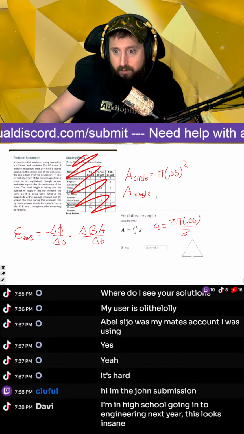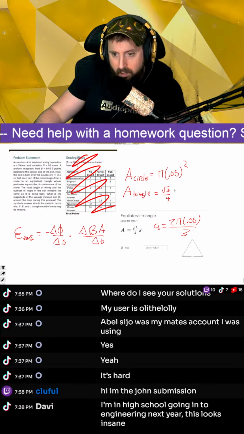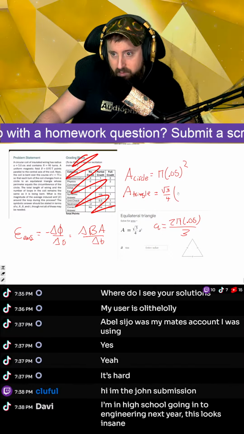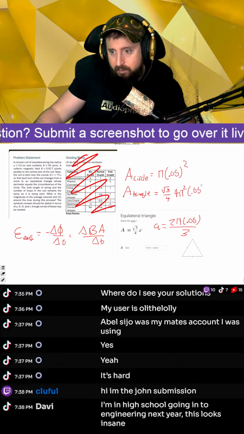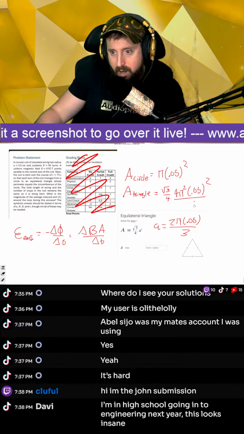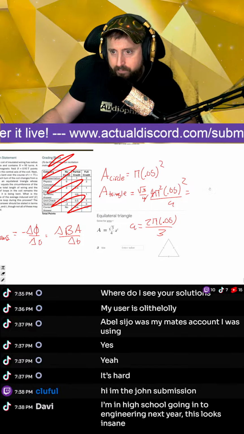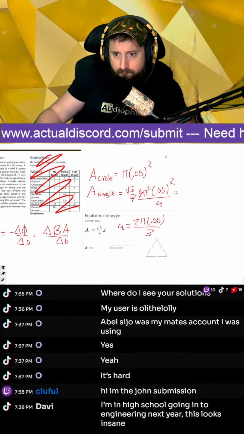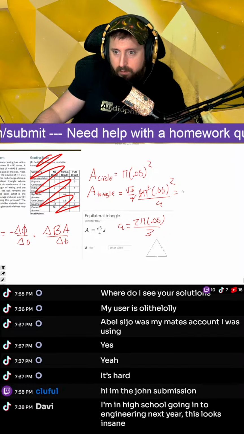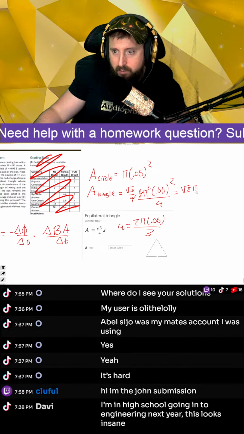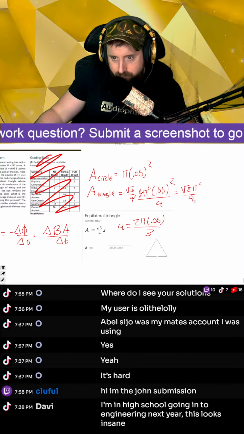So the area of the triangle is going to be equal to the square root of 3 over 4 times 4 pi squared times 0.05 squared all over 9. So this cancels. So what is that? Square root of 3 pi squared over 9 times 0.05 squared.